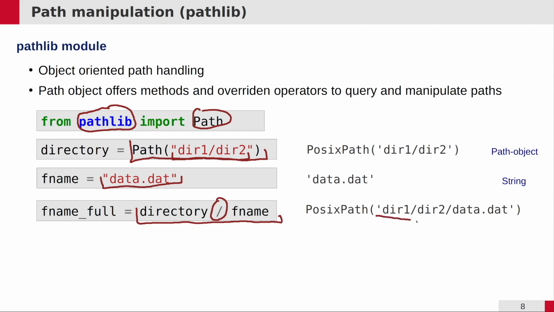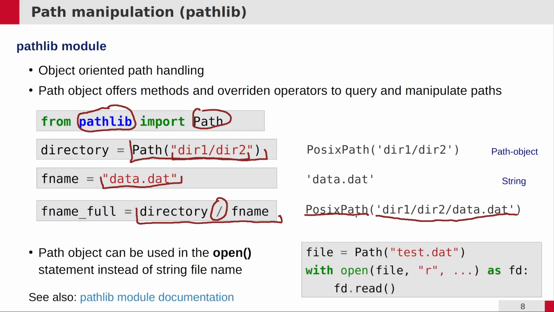And then here you see this is exactly what I get. I get the joined path back, wrapped in a so-called Path object, or in my case, because I'm working on Unix, in a POSIX path, but this is something you don't have to care about. You can use this path as you would a normal path, for example, as you would a string.